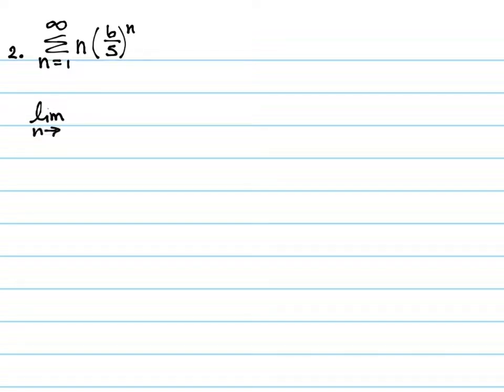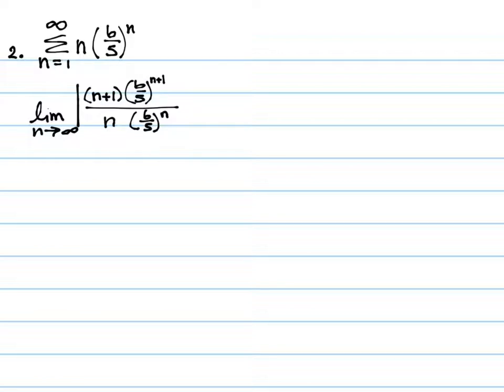So this is the limit as n goes to infinity. And we are doing n plus 1 times 6/5 to the n plus 1 over n times 6/5 to the n, in absolute values.